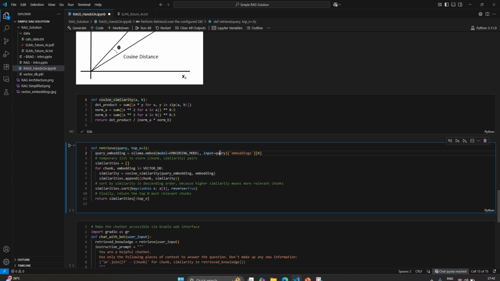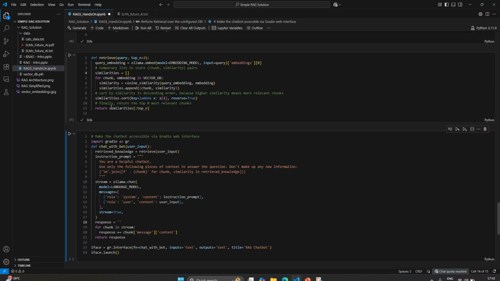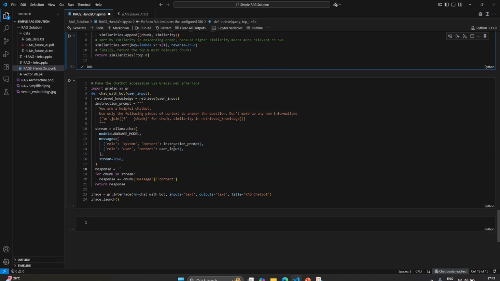This query embedding goes inside your cosine similarity, which performs a matching between your query embedding and your normal embeddings as well. Then you get similarities against each chunk, and I just sort that so I get the highest similarities, and I return the top three similar chunks.